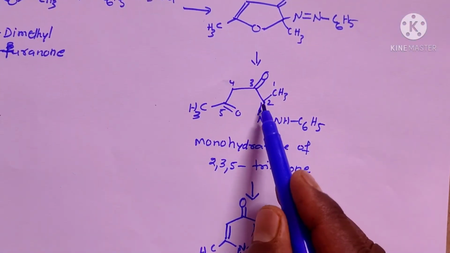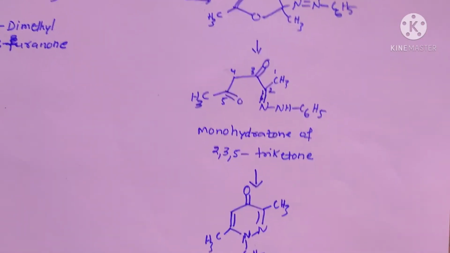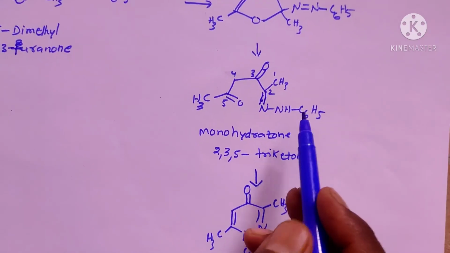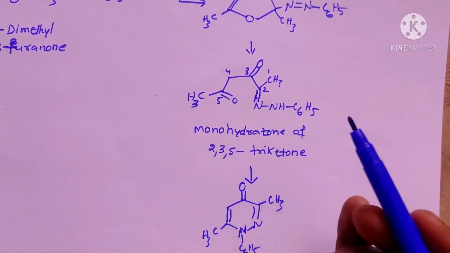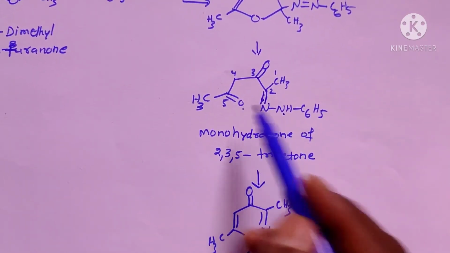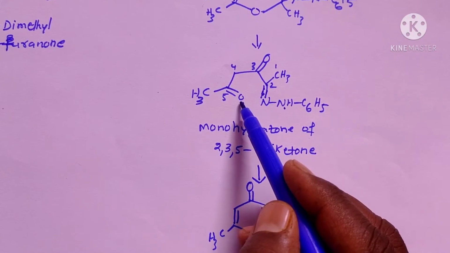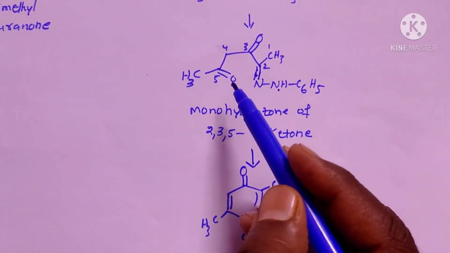Okay, and C double bond N, C6H5, N, C6H5, and hydrogen? Look here, one hydrogen will be shifted here. As a result, this one becomes the OH, and one hydrogen from here goes outside in the form of water.